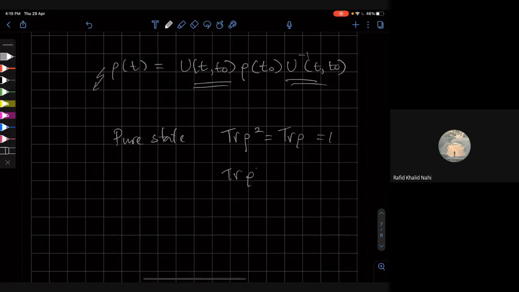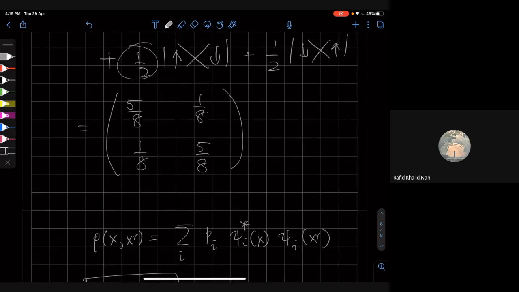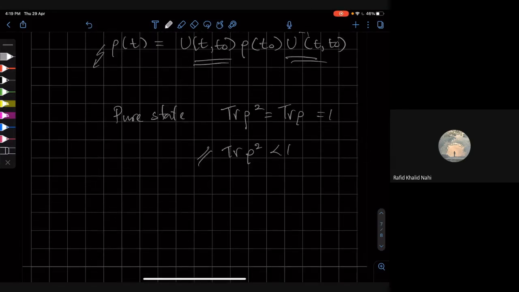For a mixed state, the trace of rho squared is less than 1. Okay? And this is a test of mixture. Because if I give you a density matrix in some random basis, it may look like it's not pure. But if you take the trace of its square and you find that it's actually 1, then you know that it's a pure state.